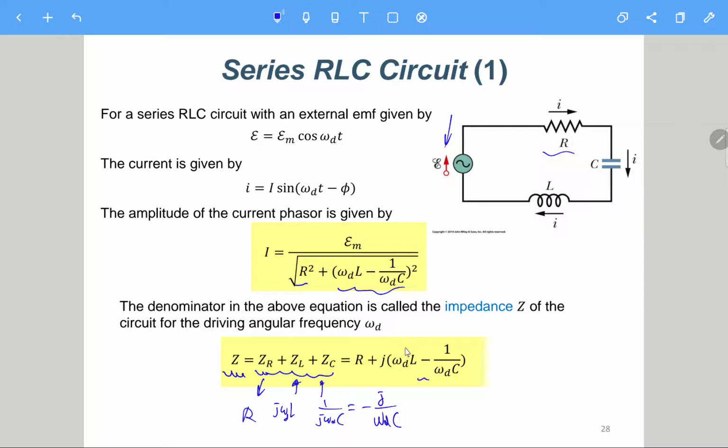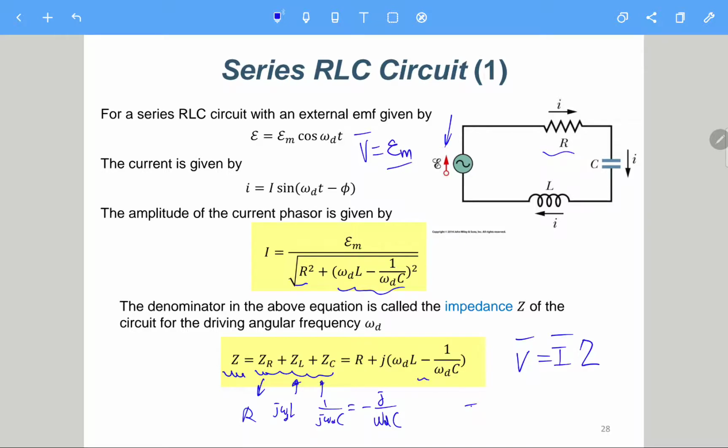And of course, we need to consider that V should be I times the total Z. So now the total V is nothing but EM.